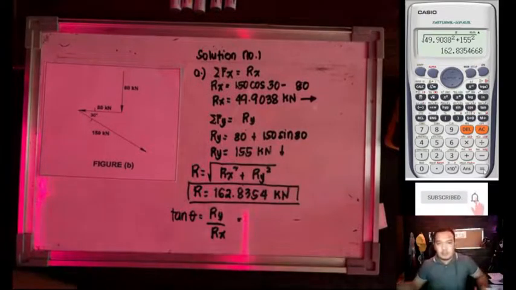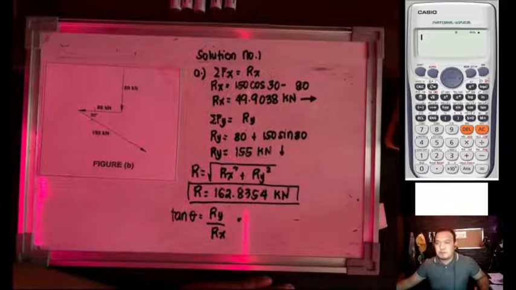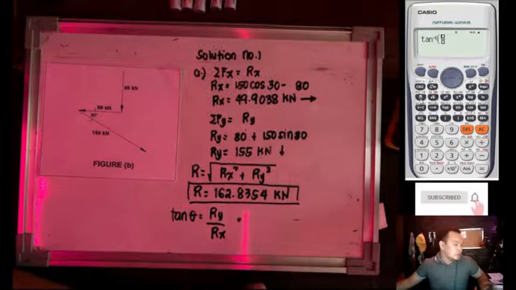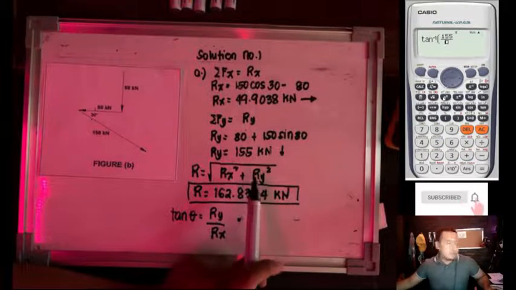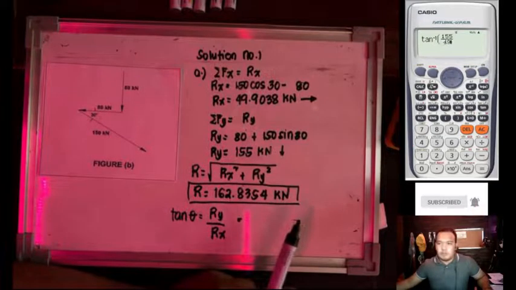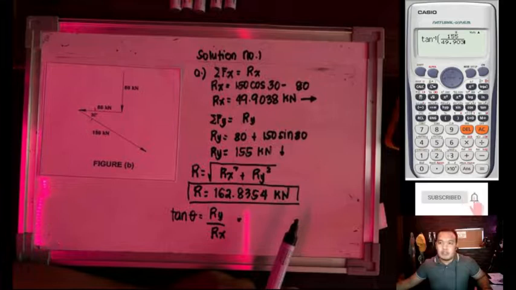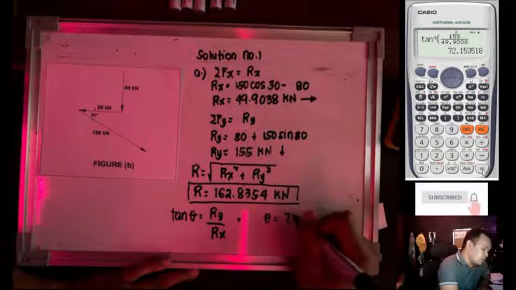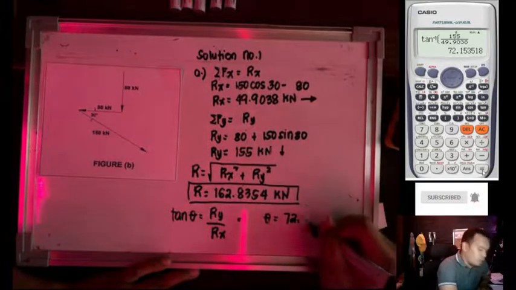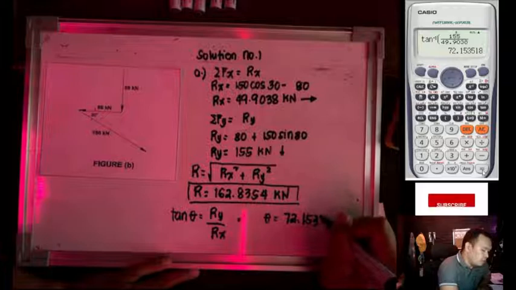Then to get the angle, tangent theta is again equivalent to Ry over Rx. So, I'll go straight to the calculator. Arc tangent, our Ry is 155 and our Rx is 49.9038. So, equals. We have an angle theta equivalent to 72.1535 degrees.